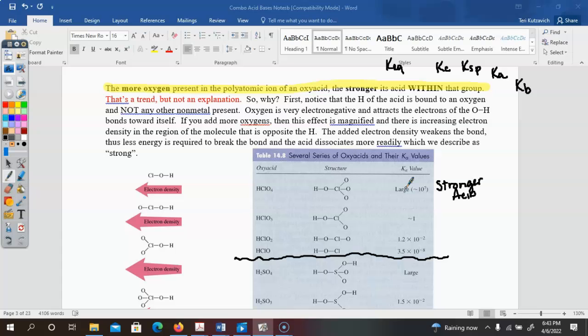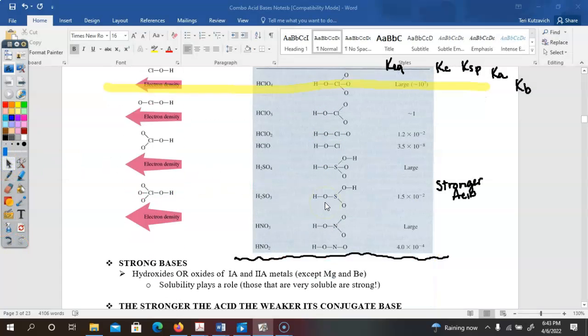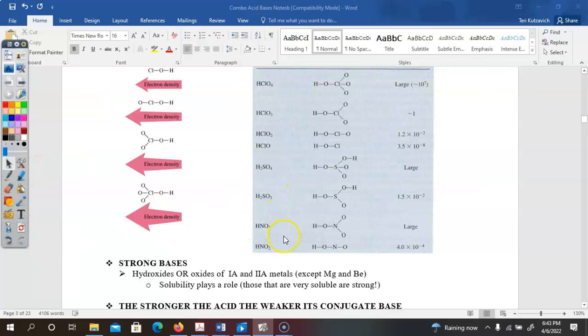It's a strong acid. As you decrease the number of oxygens, your K value gets smaller, which tells you it's not that strong of an acid. It's not going to dissociate into its ions that much. You can look at the sulfate oxyacids, and you can also look at the nitrogen oxyacids and apply the same rules.